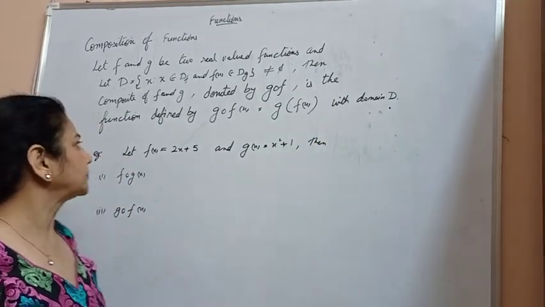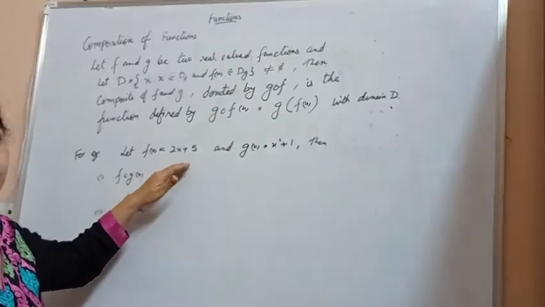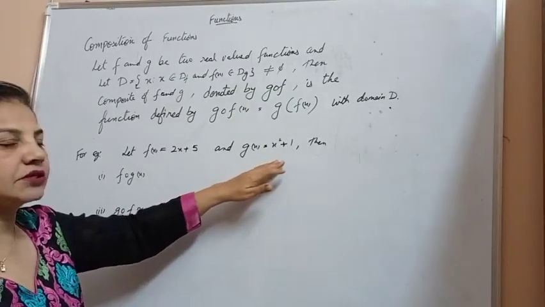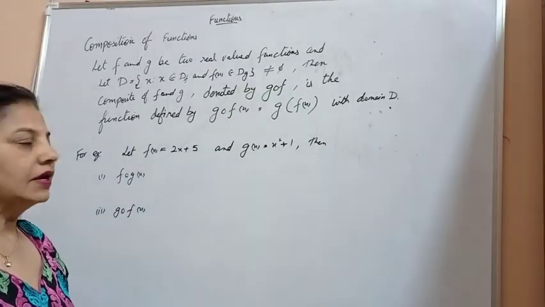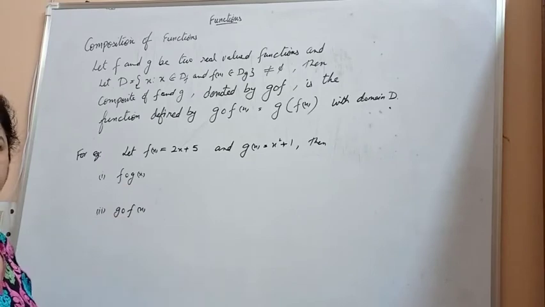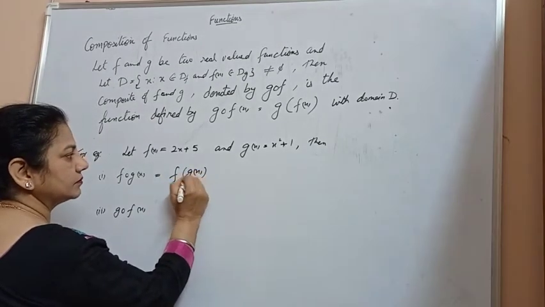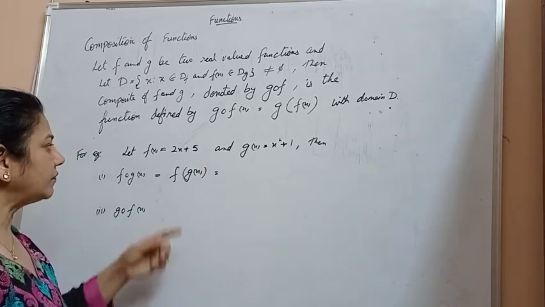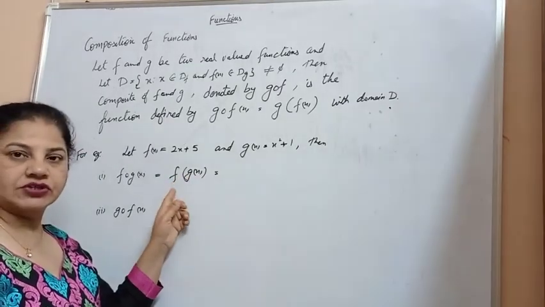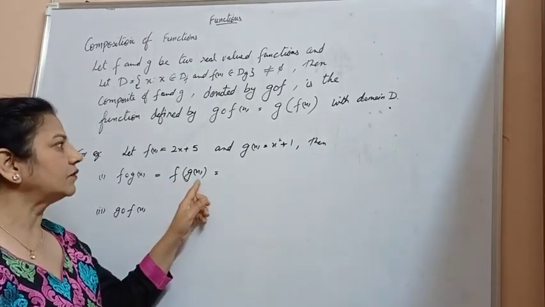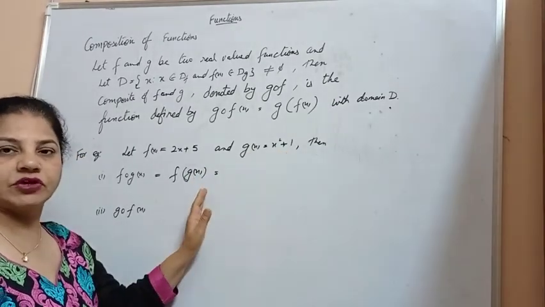For example, say the function f(x) is equal to 2x + 5 and g(x) is equal to x² + 1. Then f(g(x)) can be calculated like this. Wherever there is an x in the function f, we substitute the function g(x), x² + 1.